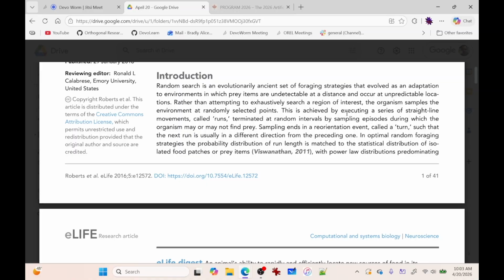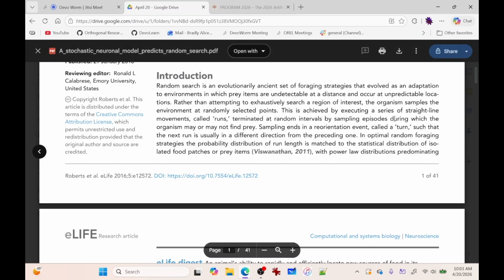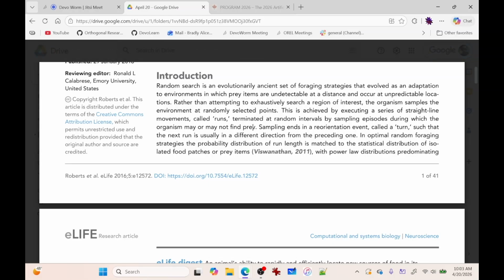So they're running, terminating at random intervals by sampling episodes during which the organism may or may not find prey. So they have a certain success rate associated with these runs. Sampling ends in a reorientation event called a turn, such that the next run is usually in a different direction from the preceding one. So they make a run, they turn, and then they make another run, and they basically transect their environment randomly for food, and they have a certain success rate.